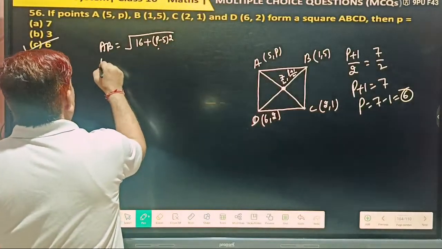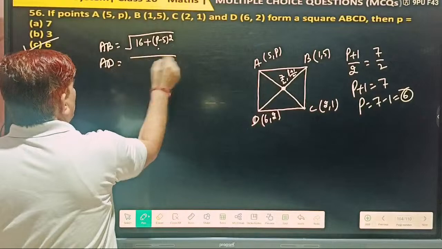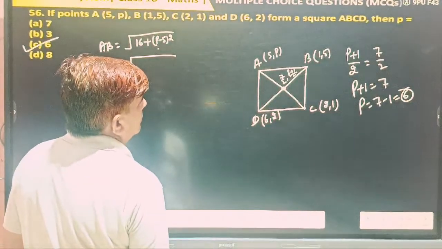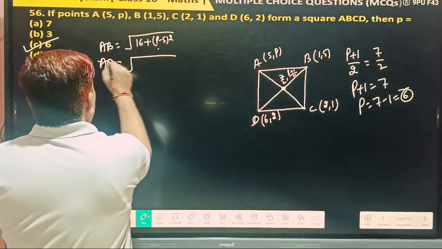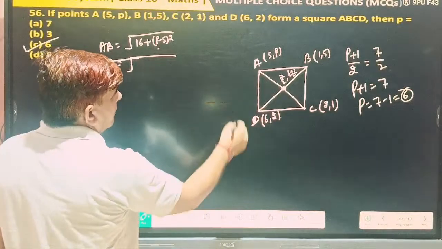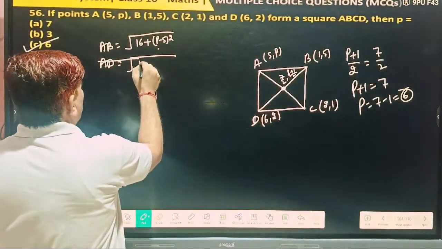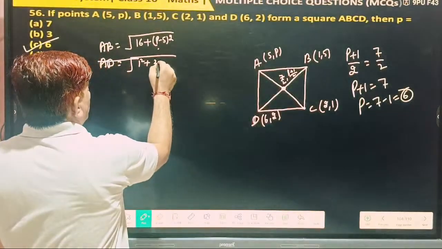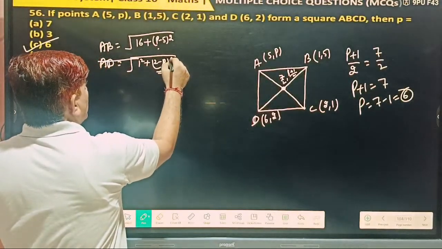Then find out AD. AD equal to what? Or AD we can find out, then also we can compare. AD: 6 minus 5, 1 square, plus 2 minus P whole square.